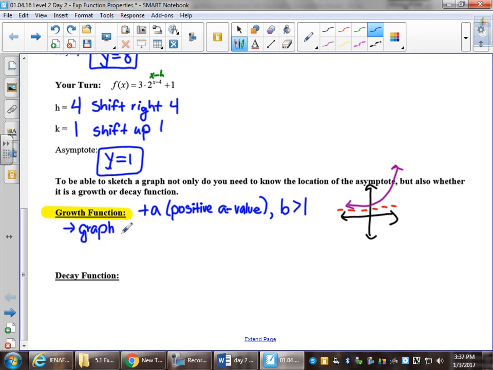Graph moves away from the asymptote when I look at this from left to right. So left to right, it's going away.